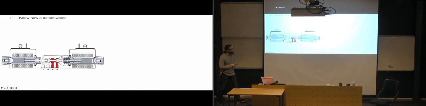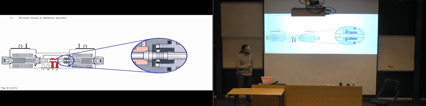Then we'll look very quickly at a detent, so how the system is built up in order to keep the position of the valve. And we'll zoom in there a little bit and see that there are grooves cut in the slide rod over here.